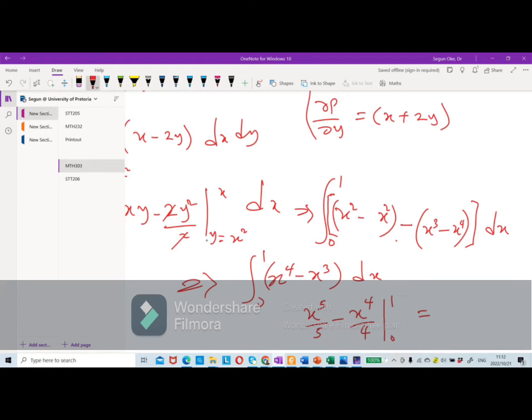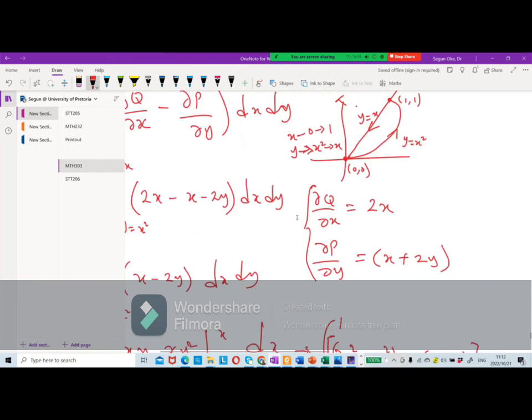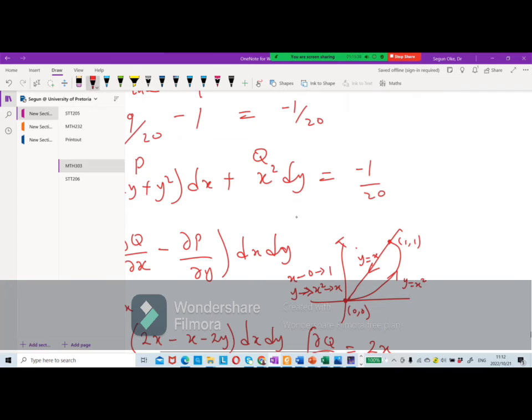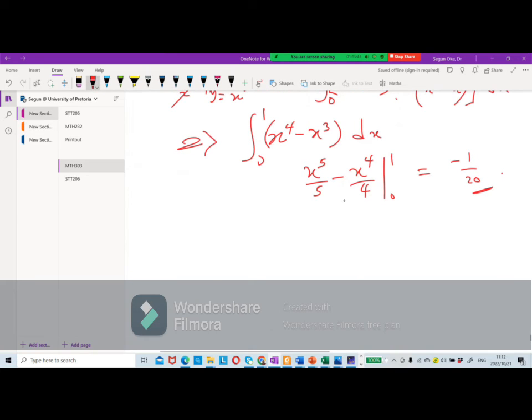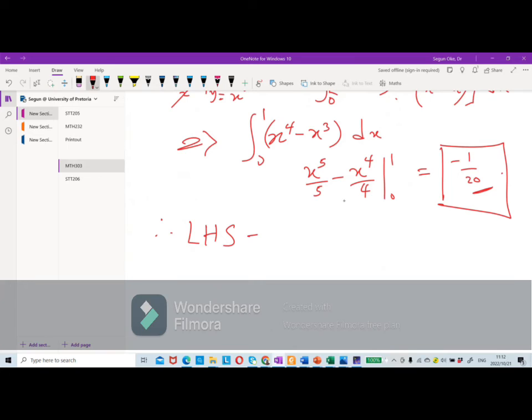If you do it correctly, you have negative 1 over 20. So what do we have here? We have minus 1 over 20, sir. They are the same. So we just use it to verify that. Therefore, the left hand side is equal to the right hand side. So, any question?